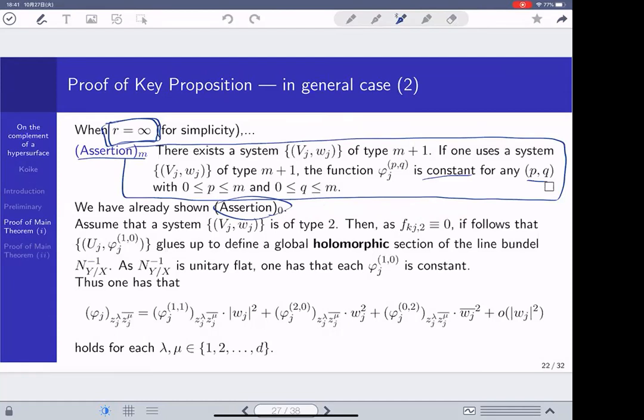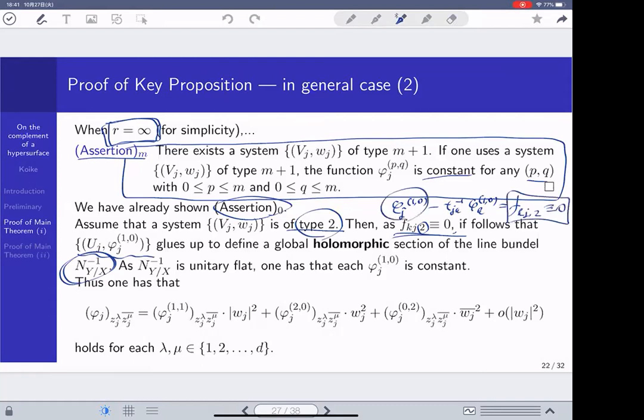Assume that the system is of type 2. Then, as the function phi_kj2 is equal to 0 because it is of type 2, it follows that the phi_j10 glue up to define a global holomorphic section of a line bundle, I mean, the conormal bundle. Because, as we saw, this one is equal to phi_kj2, and now it is 0.